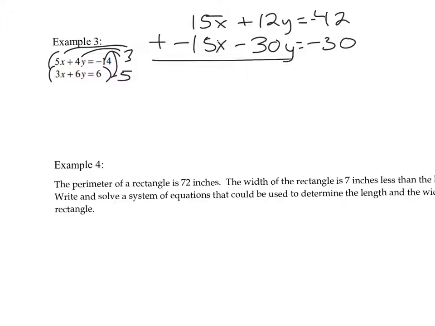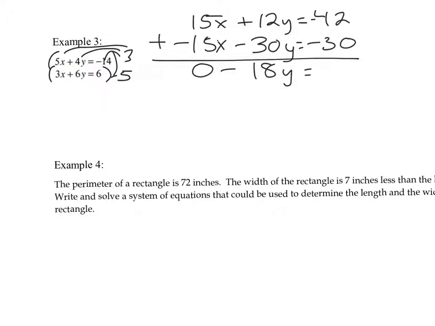All right, so now let's add these two together and see if anything adds up to 0. 15x plus a negative 15x adds up to 0, so that's good. That's what we wanted. 12y plus a negative 30y, that's going to give me, I believe, negative 18y.